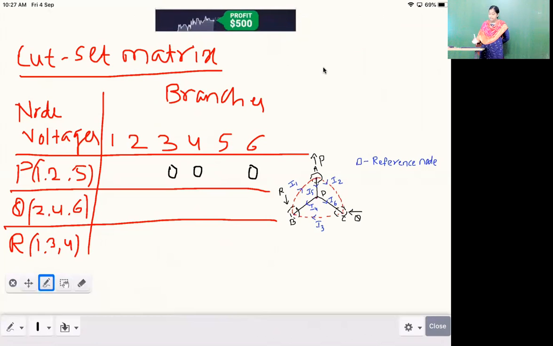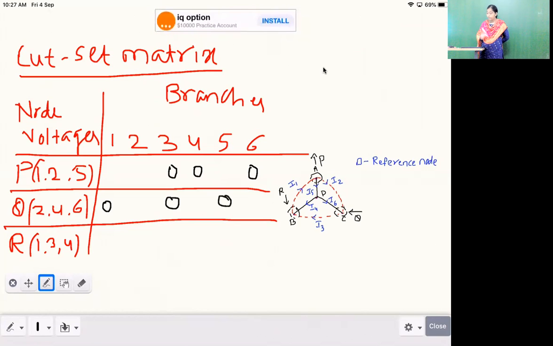Similarly for the second row, 1 is not there, 3 is not there, 5 is not there, so put 0. Similarly for the third row, 2 does not exist, 5 does not exist, and 6 does not exist, so let us put 0.